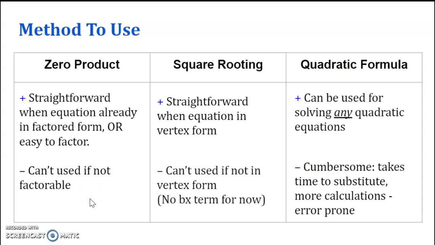However, it cannot be used if not in vertex form. So, for now, because we have not learned how to convert standard form to vertex form yet, we can only use it if there is no bx, the middle term, present. Otherwise you need to convert it to vertex form.